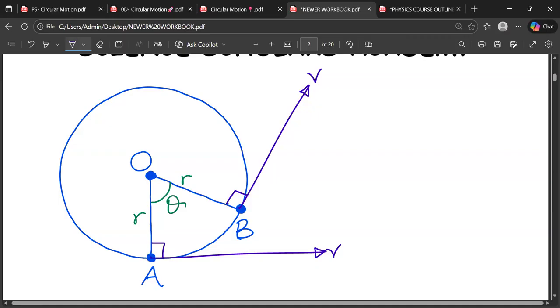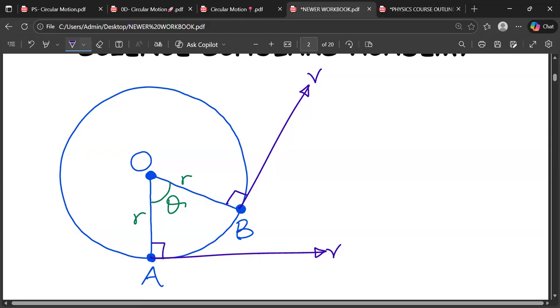Now, when you look at our V, the one at point B, it's of course at an angle to the horizontal. That means it has horizontal and vertical components. The V down there only has the horizontal component, no vertical component, because it is purely horizontal.